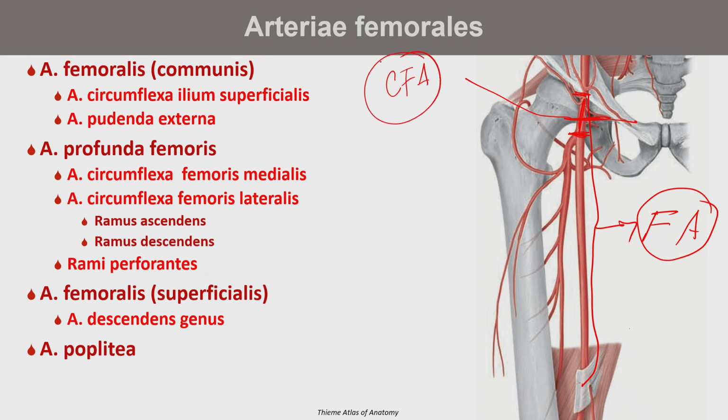The common femoral artery is the section of the femoral artery up to the origin of the deep femoral artery. The deep femoral artery is a true anatomical name, and this artery is going laterally and supplying the hip joint and the muscles of the thigh.